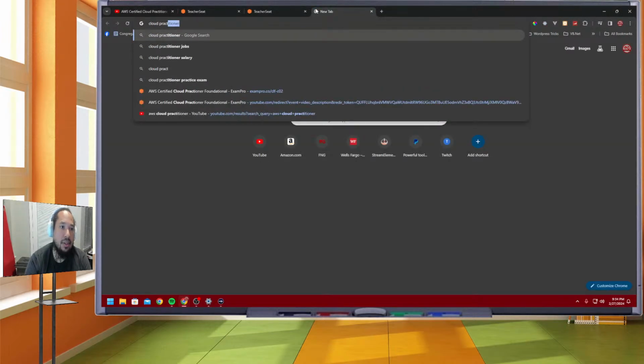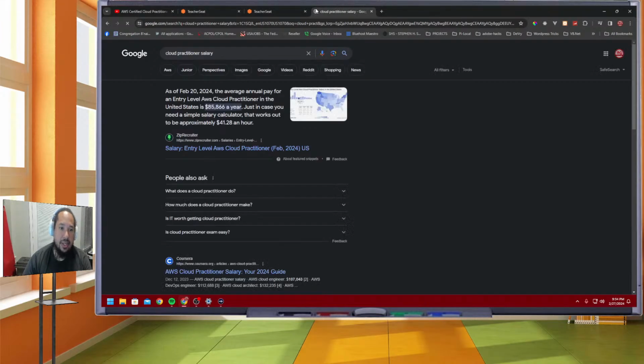Cloud practitioner salary, right there, almost 86K. Now this is coming straight off of ZipRecruiter, so I don't want anyone to think that I'm just blurting stuff out. And I'm not saying that this is for everyone, but this is a great first step to getting to that salary.